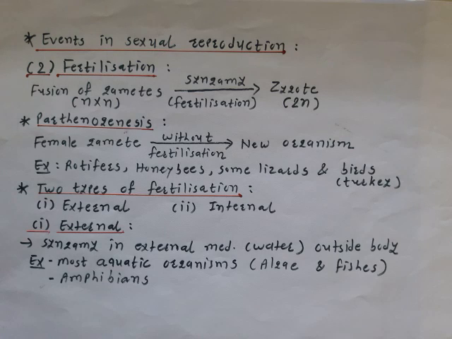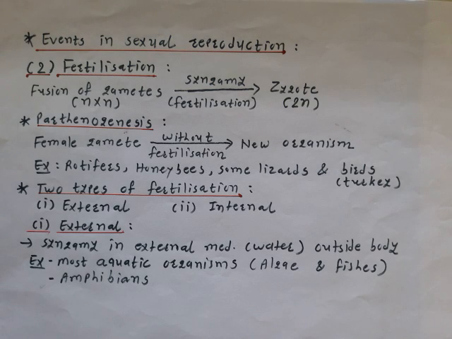At the end of this process, a zygote is formed. Gametes are always haploid. Fusion results in a diploid zygote. This zygote further develops into an embryo and, through various processes and mechanisms, develops into a new organism.